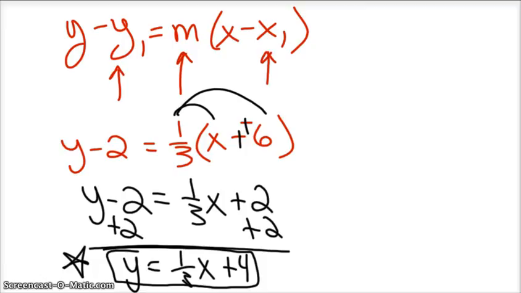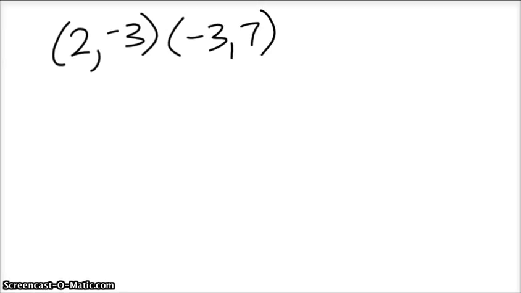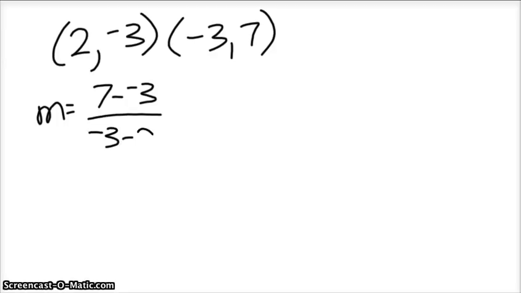Next, we move on to question 4. The only thing that's missing in question 4 that was given to us in question 3 is the slope. So we have to take 2, -3 and -3, 7, and we have to generate a slope for that. 7 minus -3 over -3 minus 2.